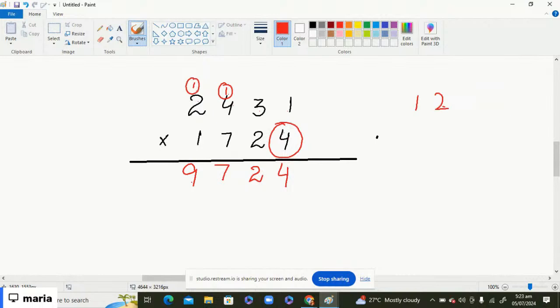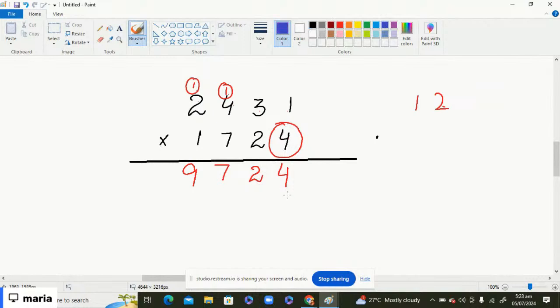Again 1 goes up. Then 4 times 2 is 8 and there is 1 carry, that is 9. So the answer, 2431 times 4, is 9724.